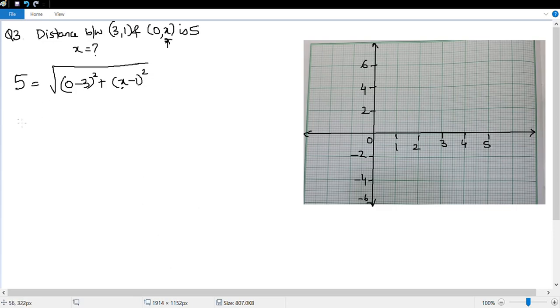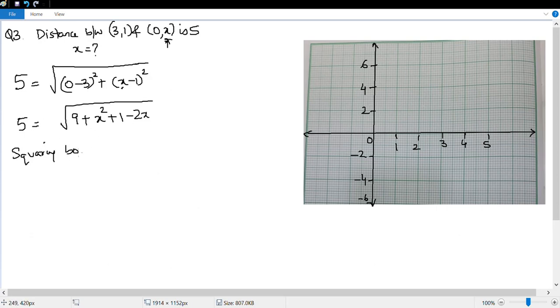So then this will be equal to 5 is equal to the square root of 0 minus 3 whole square, that's 9, plus x minus 1 whole square, which is x square plus 1 minus 2x, and this is under the square root. Now let's square both sides so that I do not have the hassle of the square root sign.